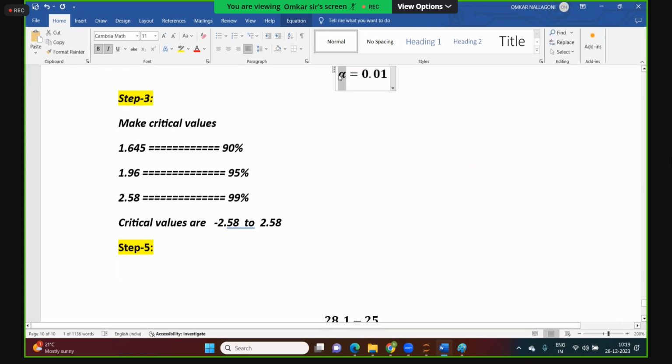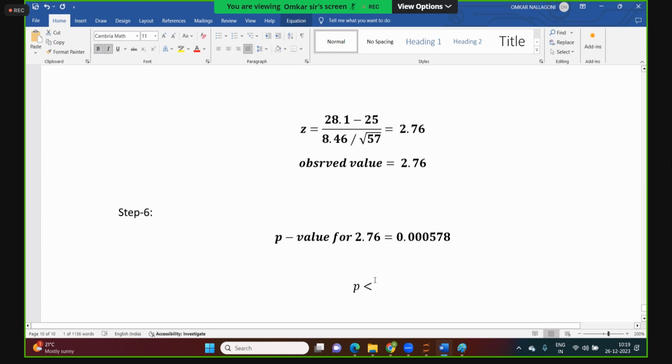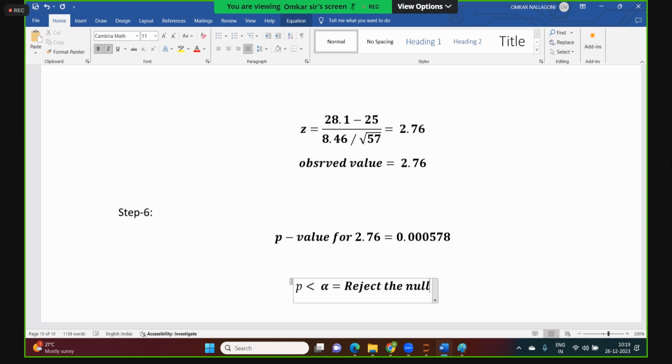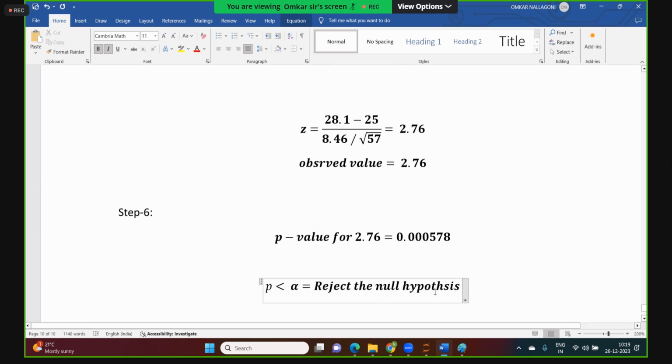Reject the hypothesis or not reject the hypothesis? Reject. Reject the null hypothesis. You have enough evidence to reject the null hypothesis.